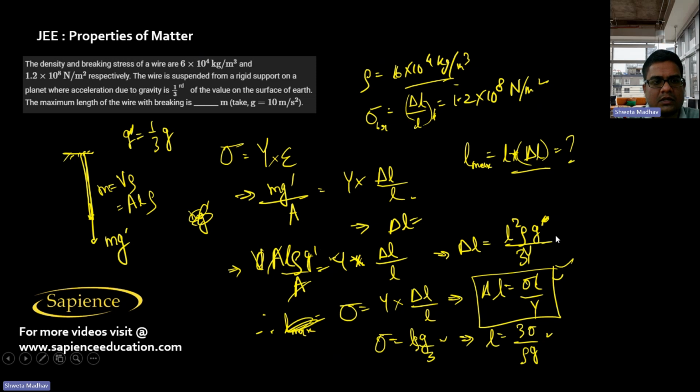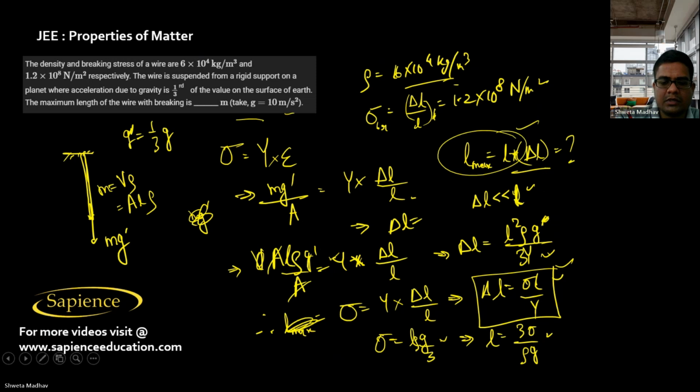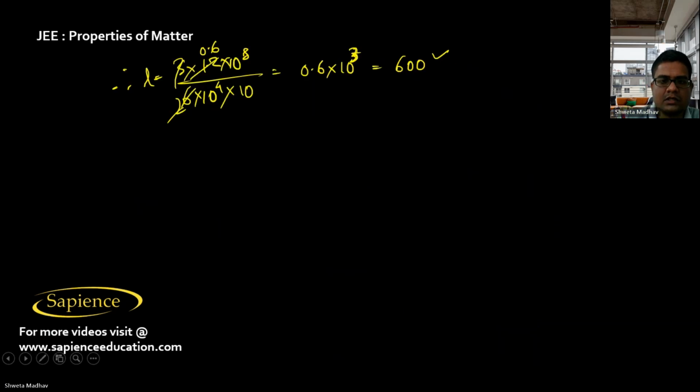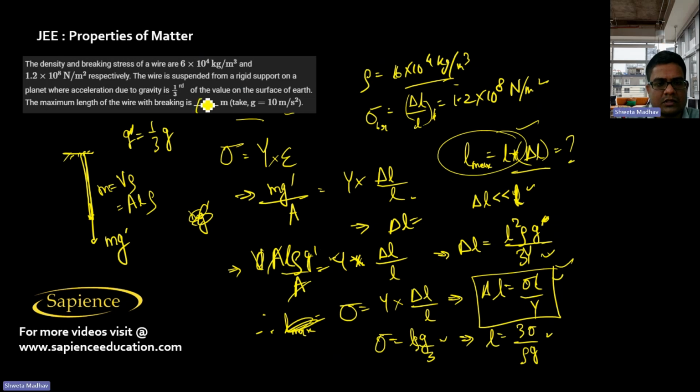Delta L is sigma L by Y, where the Young's modulus is not given. So it means delta L we don't have to find, and also delta L is negligible as compared to L. So we can tell that the maximum length will be 600 meters only.